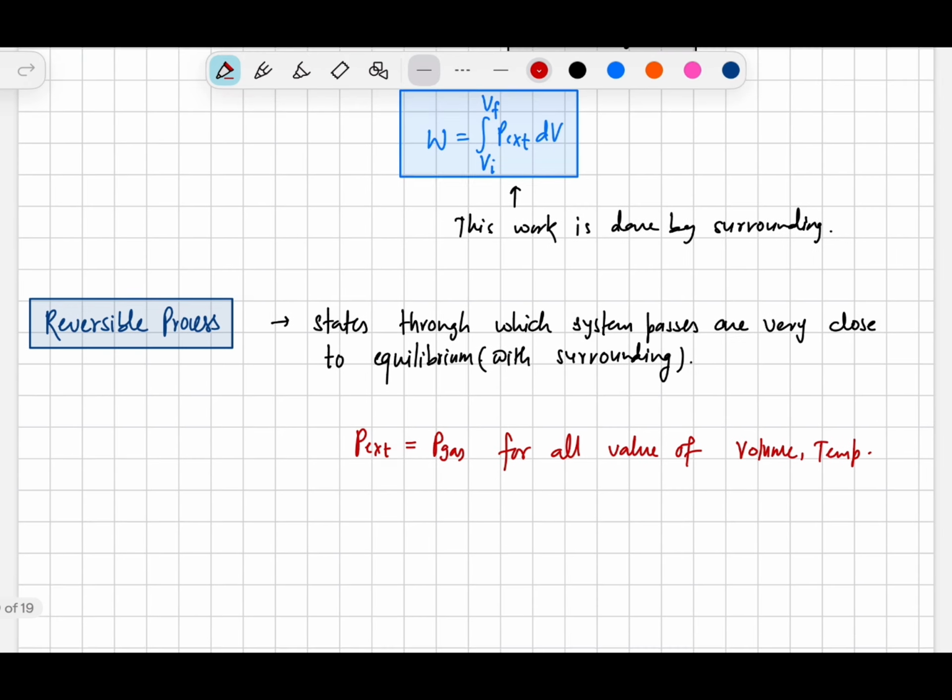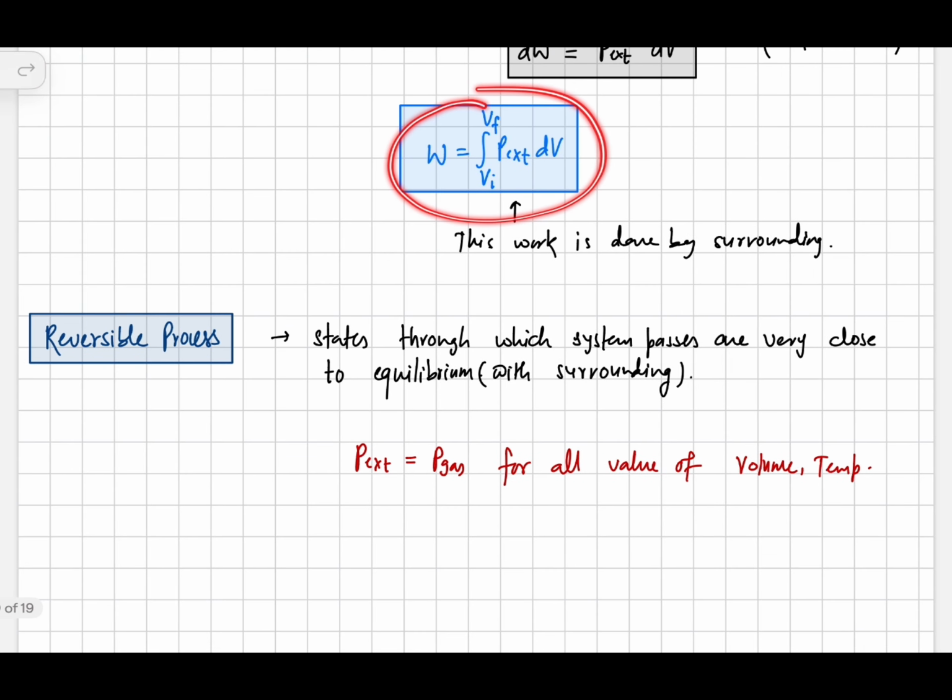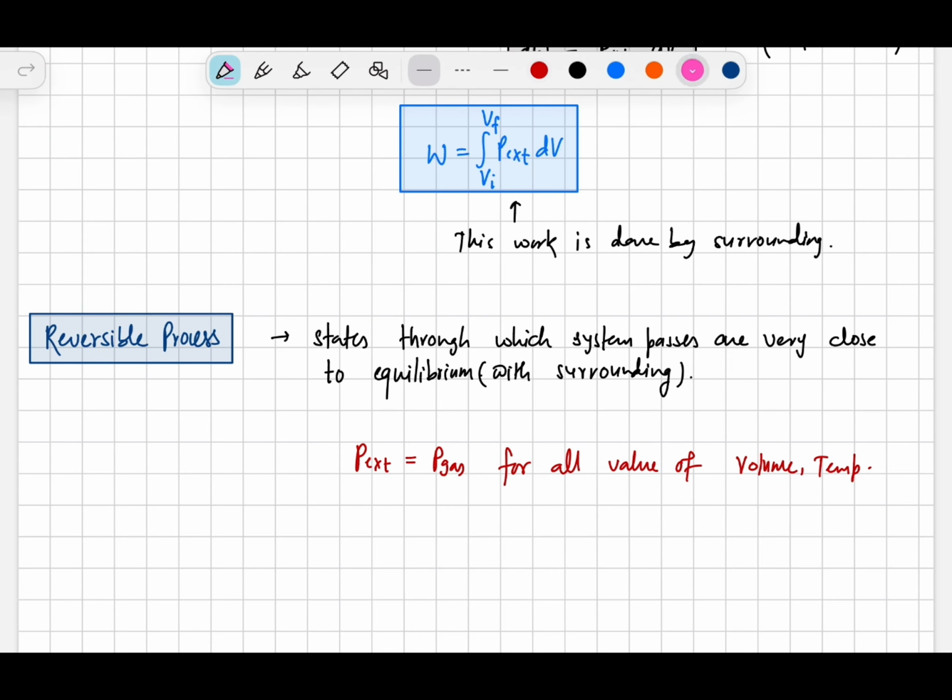So now you can use this formula again, and since for a reversible process P external equals P gas, you can replace this P external by P gas. But mind you, you need to keep in your head that this is valid only for reversible process.